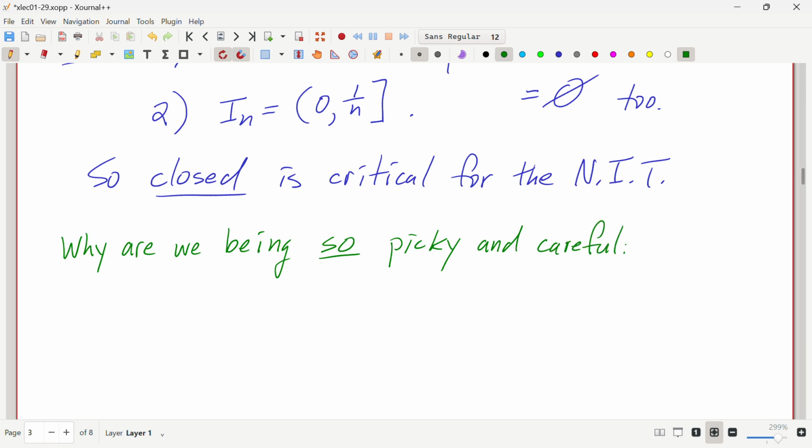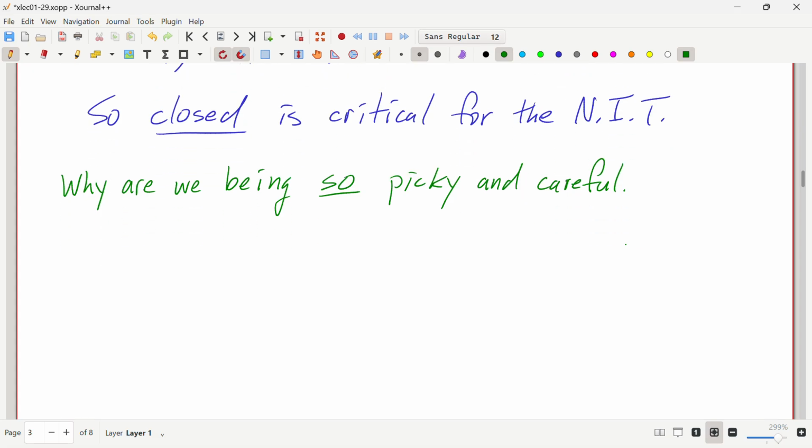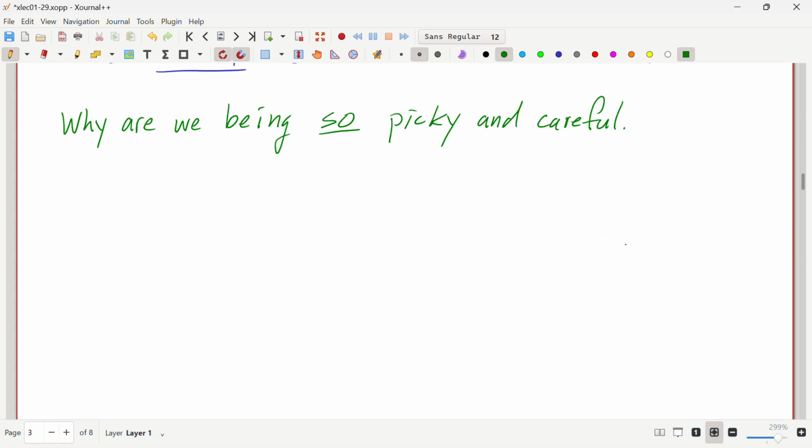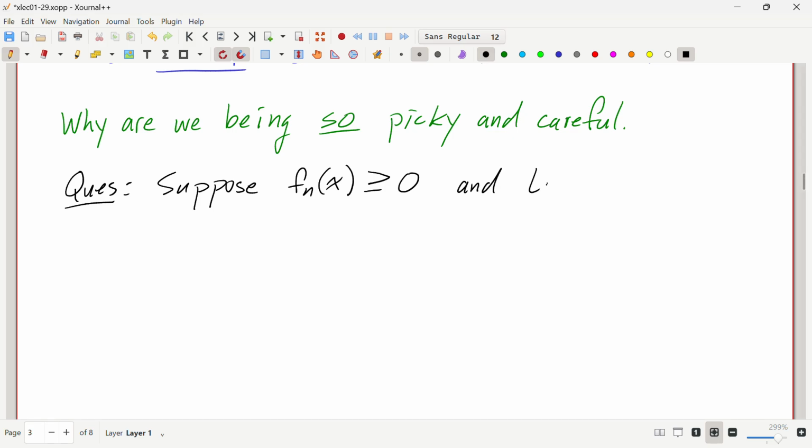One of my favorite examples to talk about is, here's a question. Suppose you got a sequence of functions. So we have an fn of x. They're all going to be greater than or equal to 0. Okay, and their limits. We're going to talk about limits in the next section. The limit as n goes to infinity of fn of x is equal to 0 for each x.